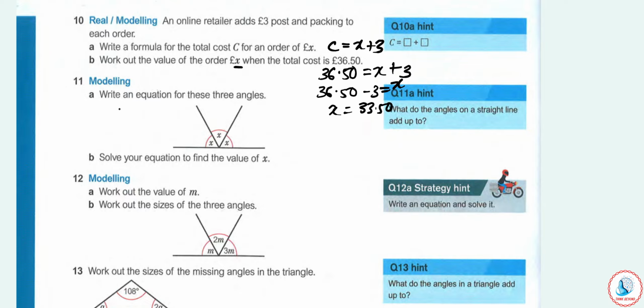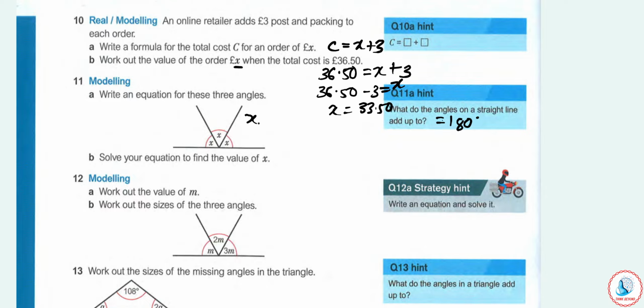Now question number 11. Write an equation for these three angles. The hint is also given: what do the angles on a straight line add up to? 180 degrees, right? When you add all these values of X, you will get 180 degrees.